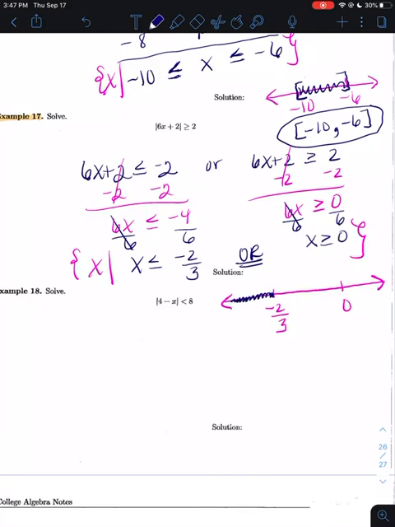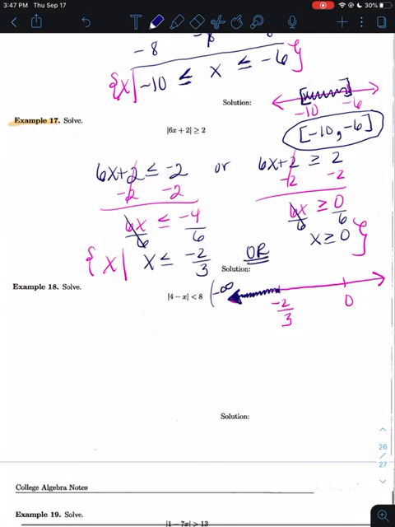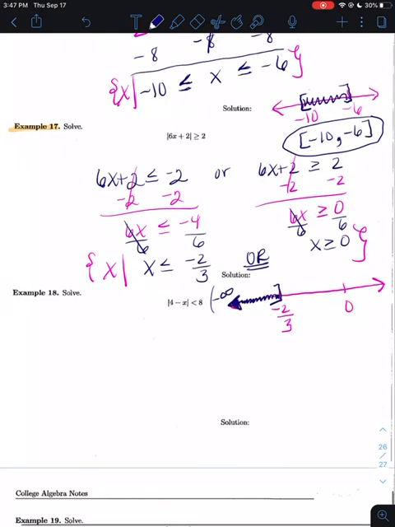You shade out to the left, where the arrow represents negative infinity. You always have a parentheses around your infinities. Less than or equal to is a bracket. When I get to the other side at 0, I shade all the way to this arrow, which is positive infinity, with a parentheses at infinity and a bracket at 0.